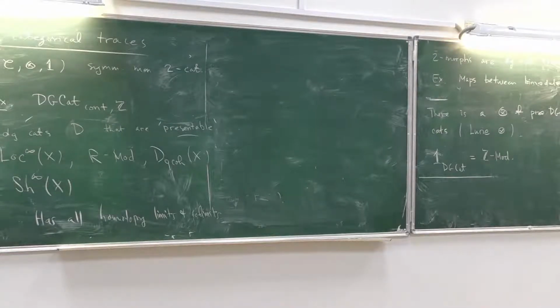It's not an object here because it doesn't have all Hammond-Humpy limits and colimits. Ah, okay. Yeah. So all objects here automatically turn out to be what are called triangulated DG categories. So they're kind of far from abelian in general.